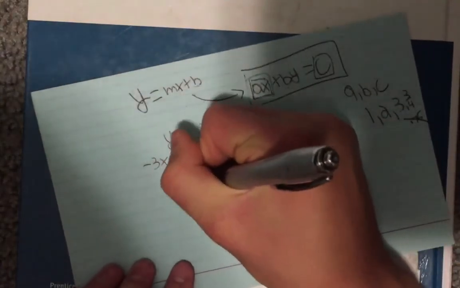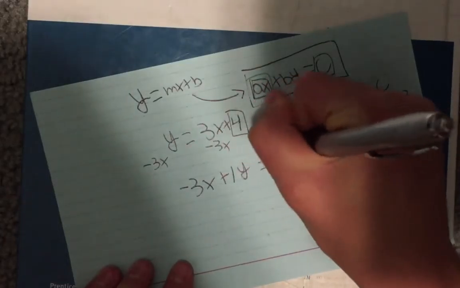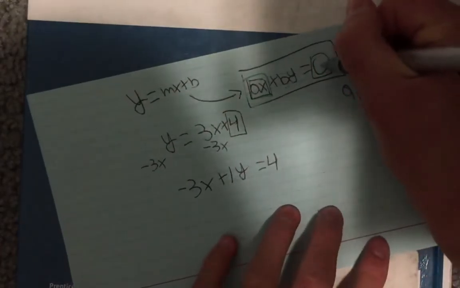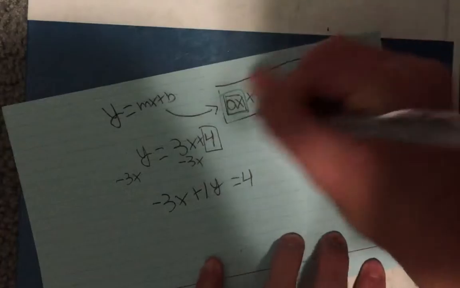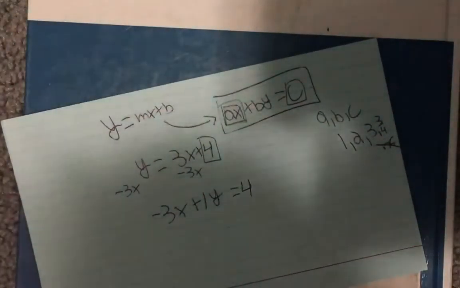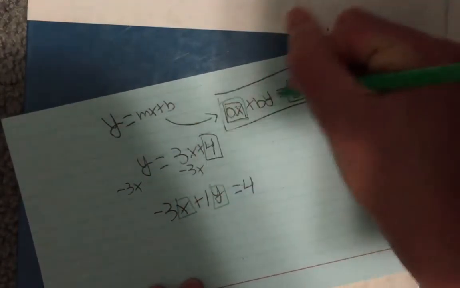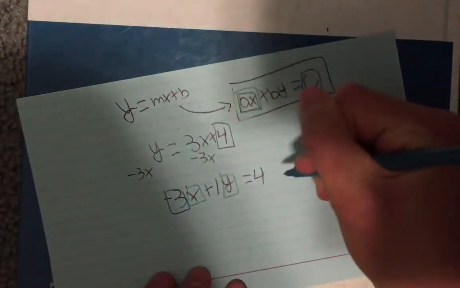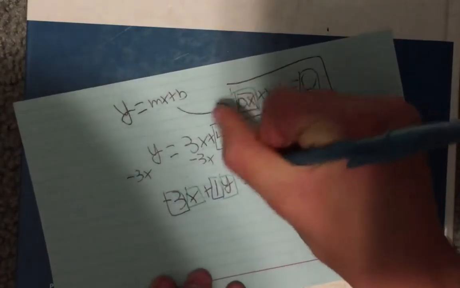So right now I have negative 3x plus 1y equals 4. So we can say that c is your y-intercept, because we just did that right there. So right here, you can see there's the x in the equation, there's the y in the equation, here's the a, here's the b, and here's the c in the equation.